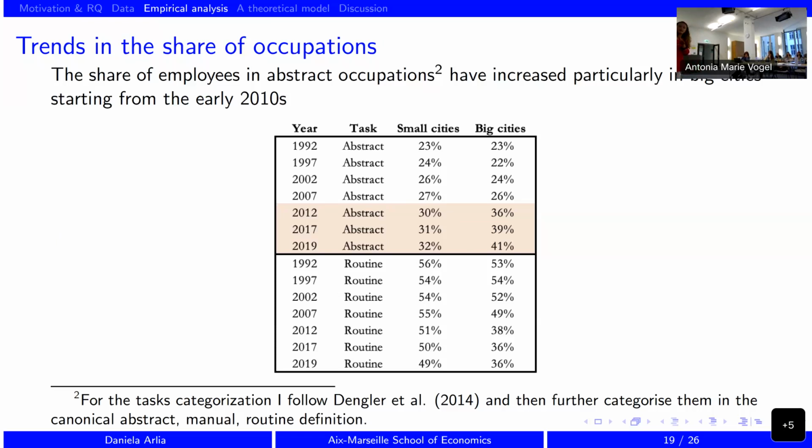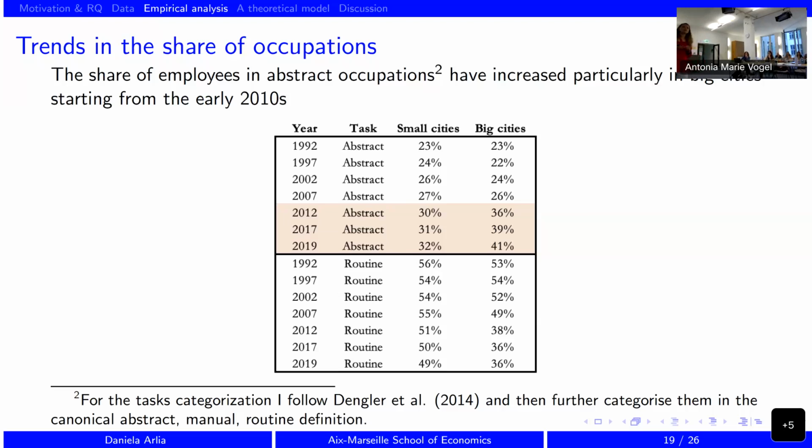Now, for the categorization of routine, abstract, and manual occupations, I'm using the definition by Daniela and co-authors, and then grouping the types of occupation into the standard abstract, manual, and routine. Maybe you can provide a couple of examples of abstract and routine jobs.